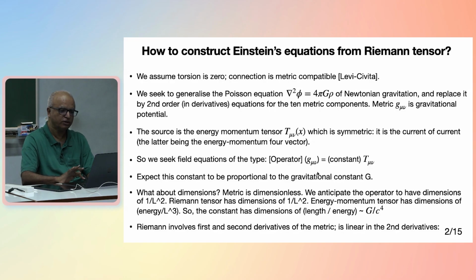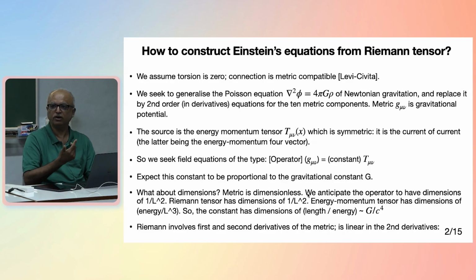We expect this constant of proportionality to be proportional to the gravitational constant G, Newton's gravity. Why? Because G is there on the right hand side, so expect G to be there in this constant also. Now what about dimensions? Let's look at dimensions. The metric is dimensionless.